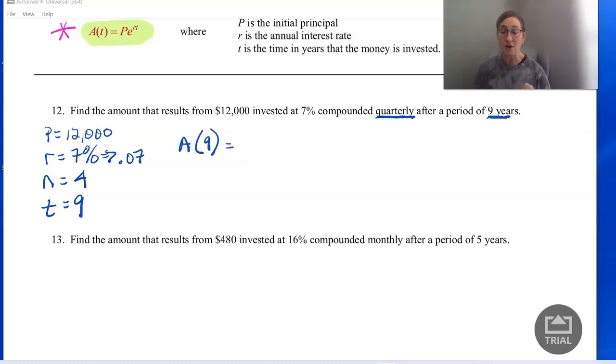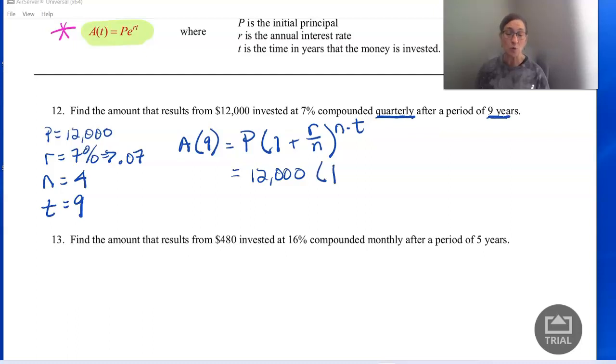My formula is P times 1 plus r over n, raised to the n times t. So I plug all my numbers in: 12,000 times 1 plus, and that 1, by the way, is part of the formula, it doesn't change, 0.07 over 4, raised to the 4 times 9.